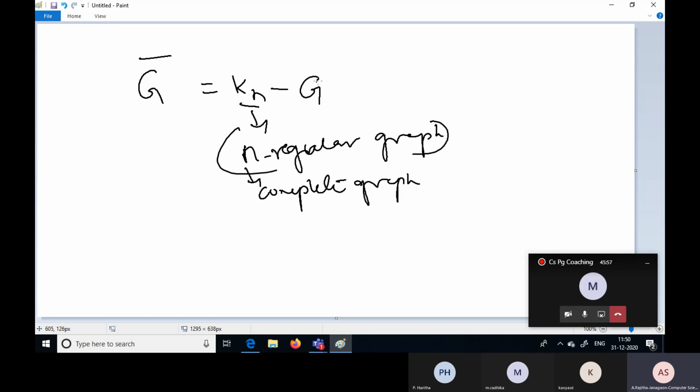So from the complete graph, the vertices we have, we subtract, and it is nothing but G complement. So this is the simple graph.